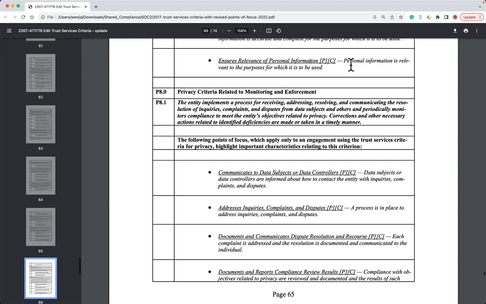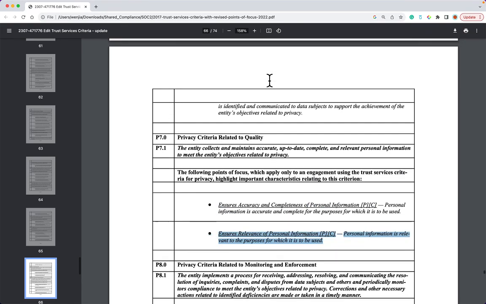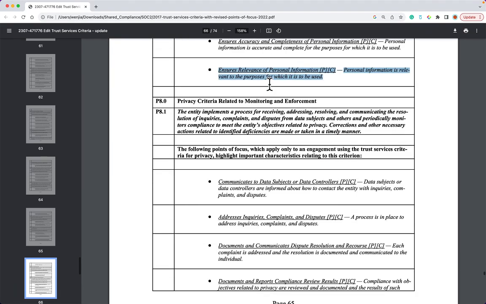Personal information is relevant to the purpose for which it is used. This is a little bit repeated from a point of focus before: you need to gather the information necessary and relevant. You should not gather more than that.